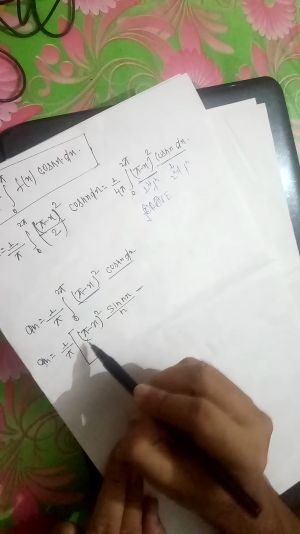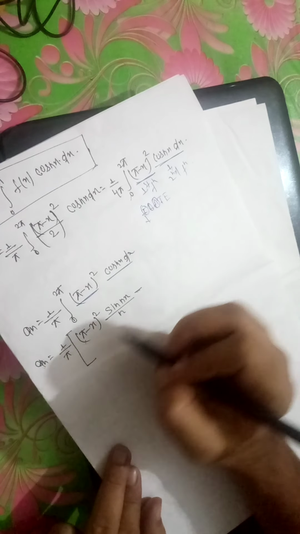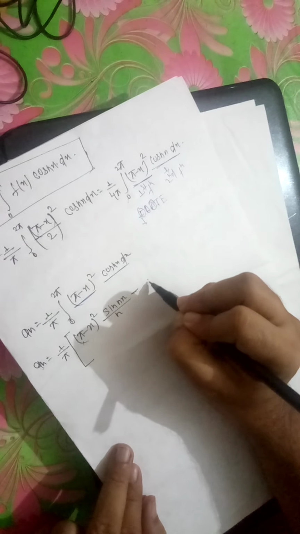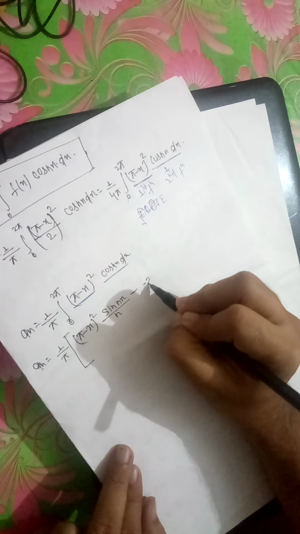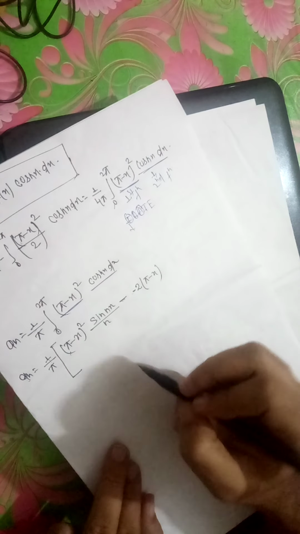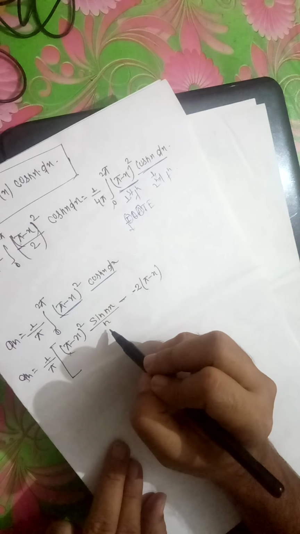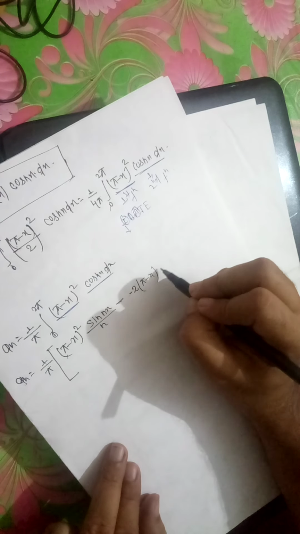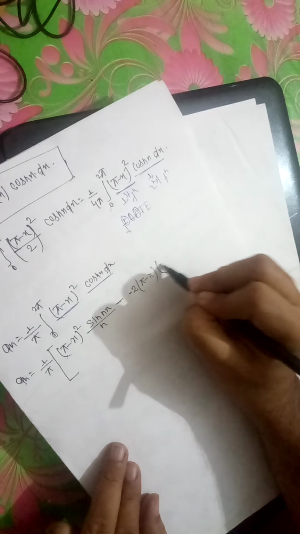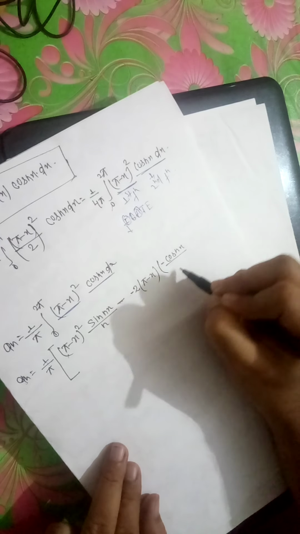Now we will differentiate the first function. What is the differentiation of pi minus x whole square? Minus 2 times of pi minus x. And now we will integrate the second function. What is the integration of sine? The integration of sine is minus cos nx upon n.